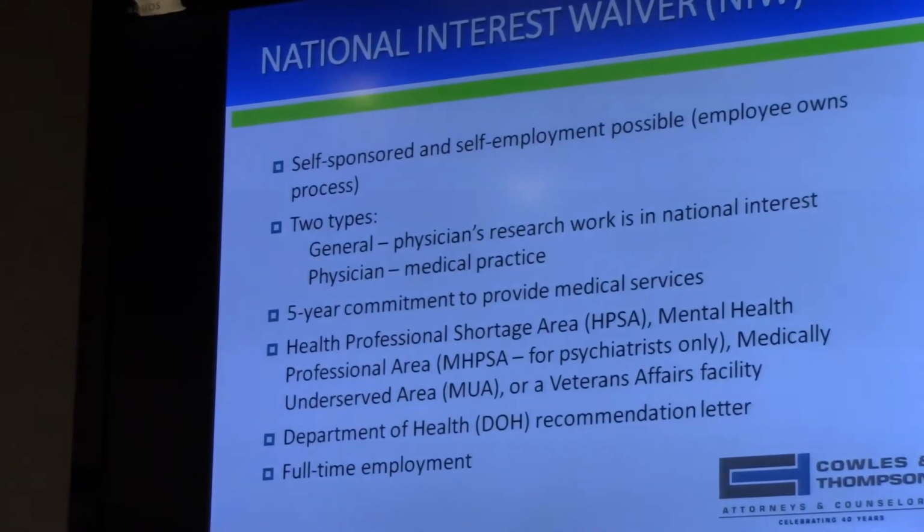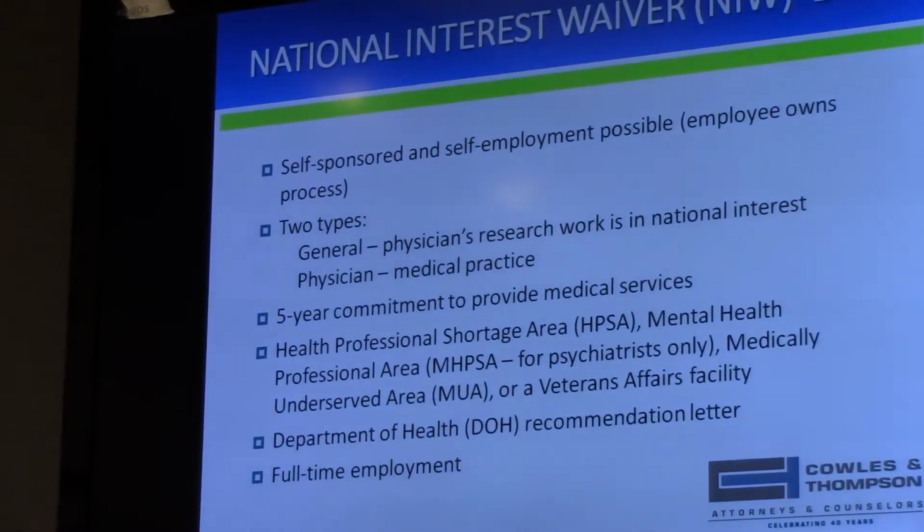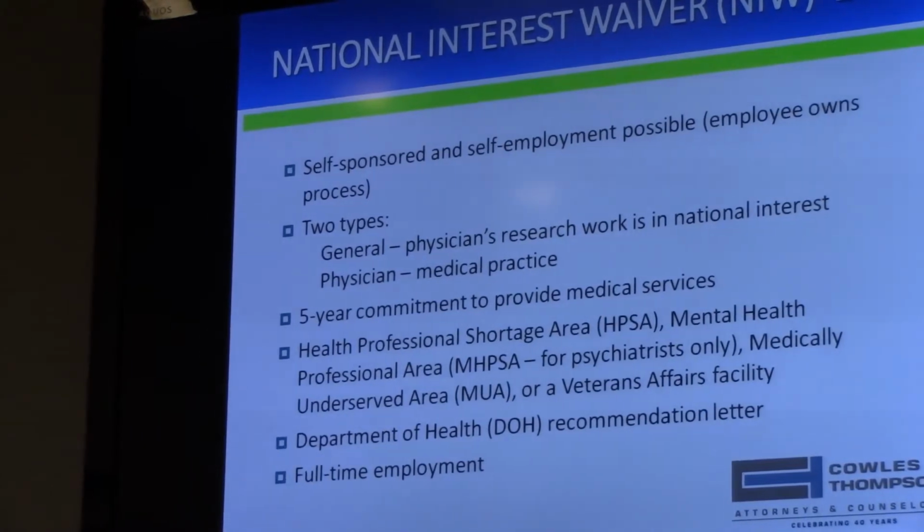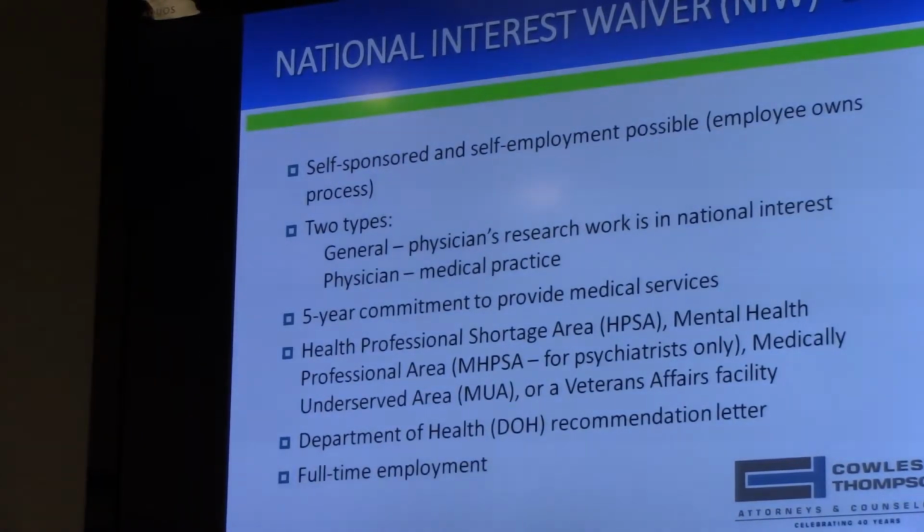The general one is where you have to show the Department of Immigration that your work, as a researcher, has an impact, and there is extensive documentation and evidence that has to be provided to demonstrate the national interest of the United States.